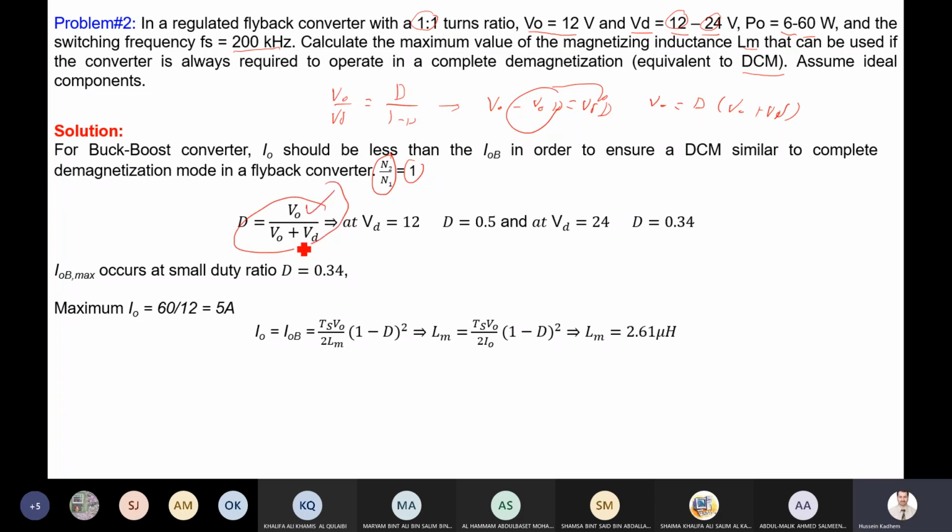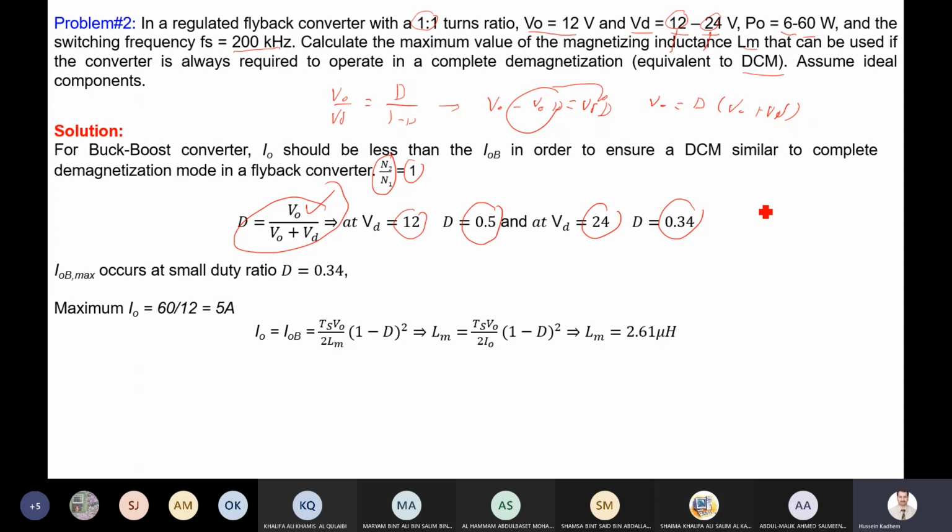VO is given in the question, but VD has two values, as you can see. So I find D at 12 volt input voltage, which is 0.5, and at 24 it's 0.34. I got D now.